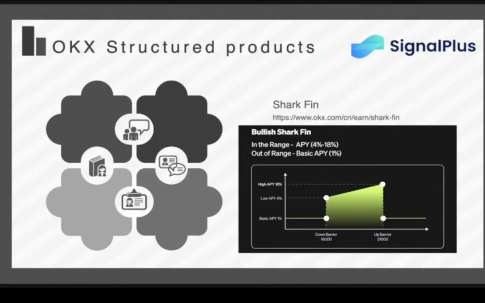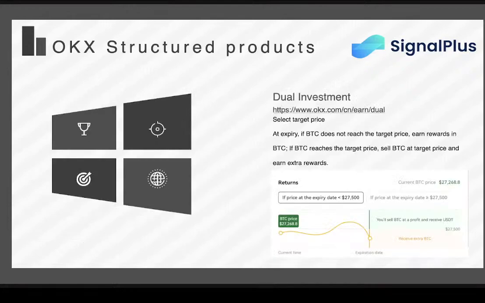Other than the Shark Fin product, there's also another product, dual investment, being introduced in OKX. Basically, users can select a target price at expiration. If BTC does not reach the target price, the trader earns rewards in BTC.